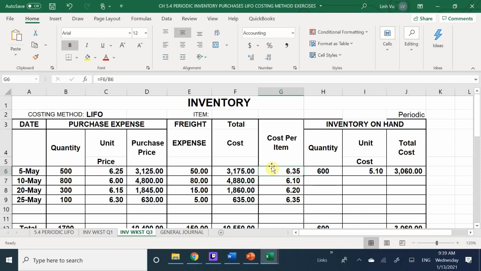Do you want to round, or do you want to leave each cost per item as is? Each item could be 6.357777924, but I prefer you to round towards the end, when you actually solve for your ending inventory.